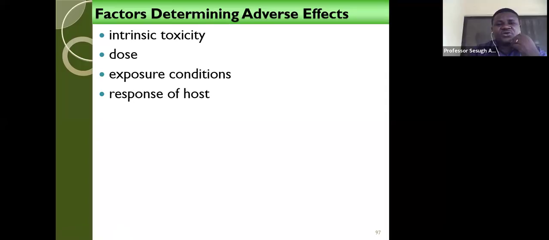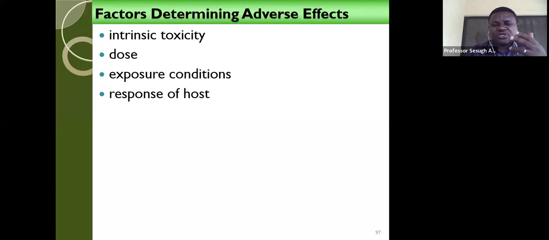Right. So you have intrinsic toxicity, you have dose, exposure conditions, response of the host. Like response of the host, if the host is strong enough to resist, then the effect might be minimal, like I mentioned before.